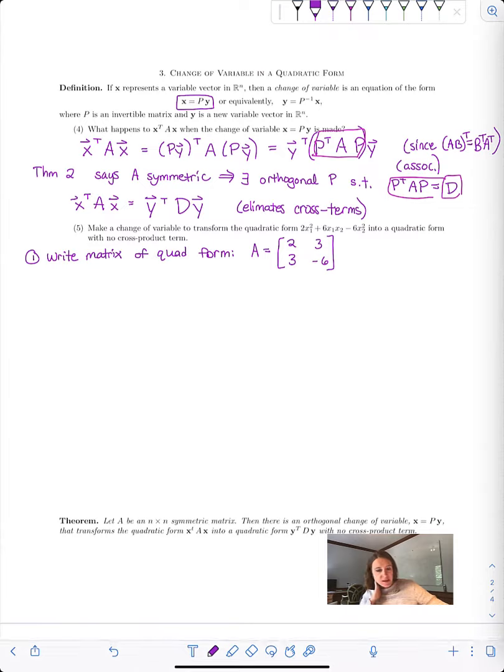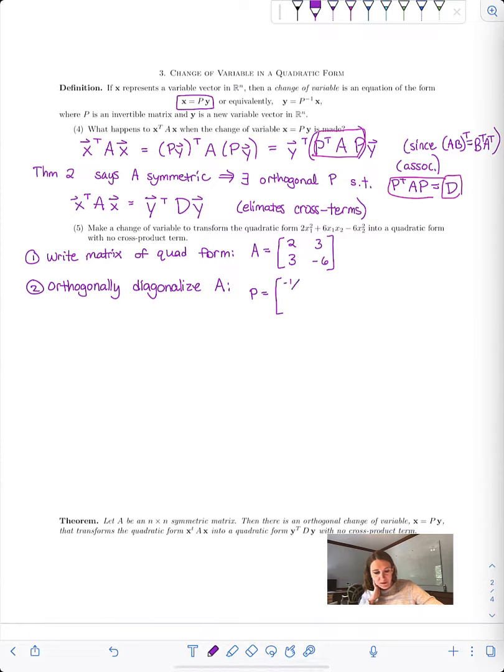Okay. And then the next step is to orthogonally diagonalize A. So you've been asking about why that's important, and so we're seeing it used here. I'm not going to go through that computation with you for today. So what I recommend you do is go back and make sure you feel comfortable doing this. So when we do this, we're going to get two orthogonal unit vectors.